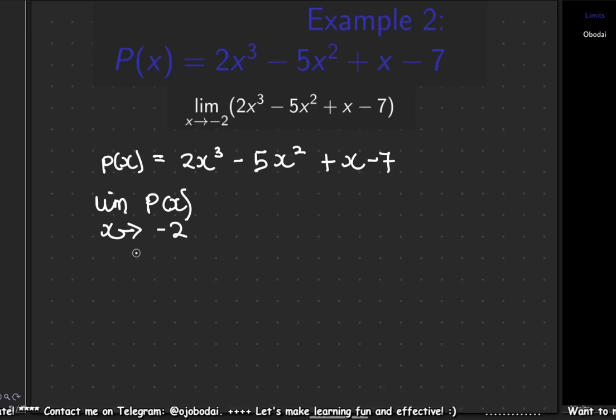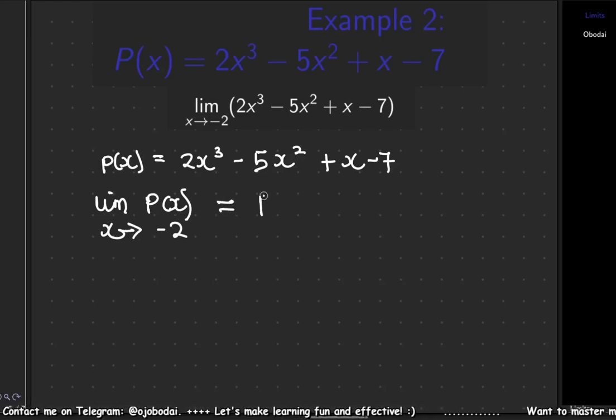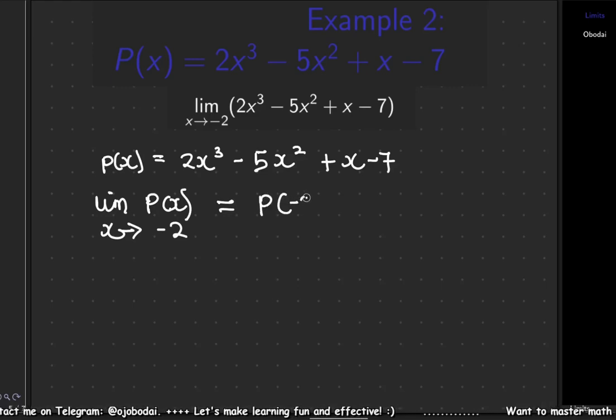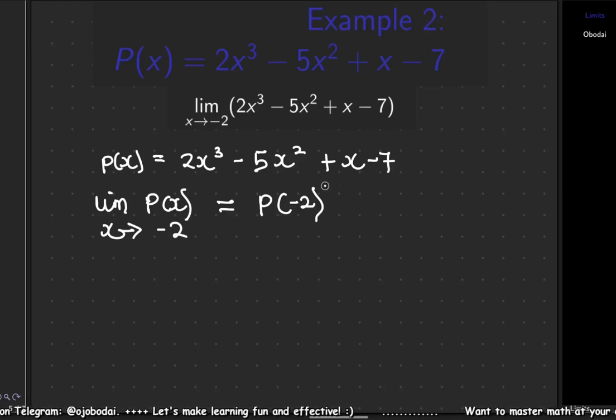And we have said that since this is a polynomial, it is simply equal to the value of p at negative 2. Hence, let's just solve for the value of the polynomial at negative 2.